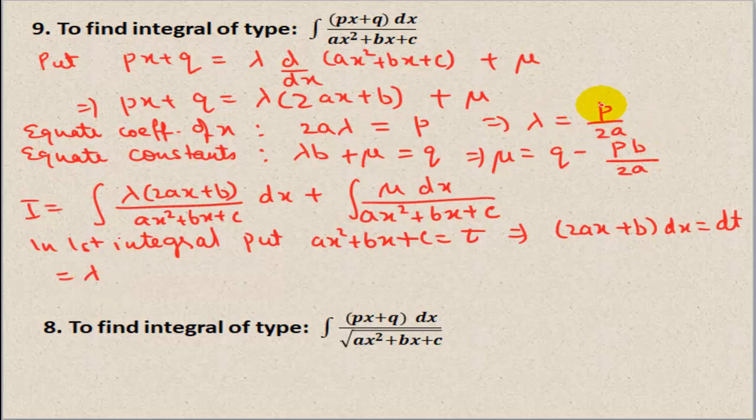So in questions you will be knowing what p is, what a is. So you will exactly be knowing which real number lambda is. So that will come here. And if you look at the rest of the part, see, this is becoming dt. And this you have replaced with t. So it is taking the form 1 over t dt. This you can integrate.